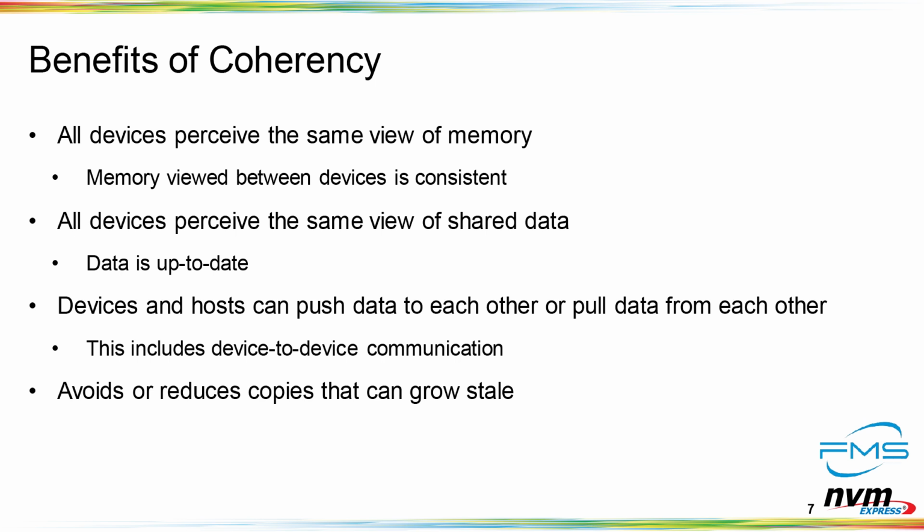Devices and hosts can push data to each other or pull data from each other. This includes device-to-device communication, and we're able to send data to and from one another coherently. And lastly, we avoid or reduce copies that can grow stale. We certainly don't want to make copies that get out of date and become inconsistent, and coherency solves that.